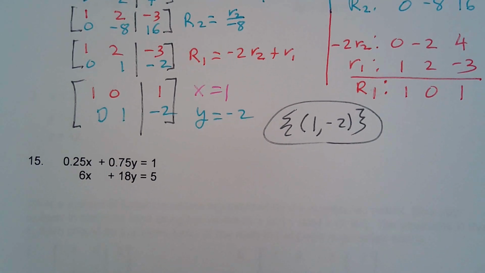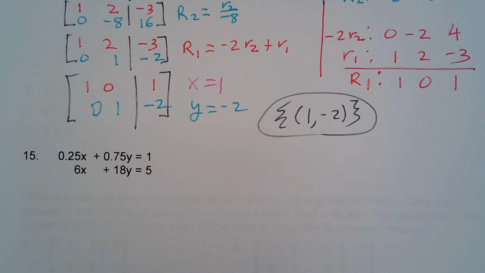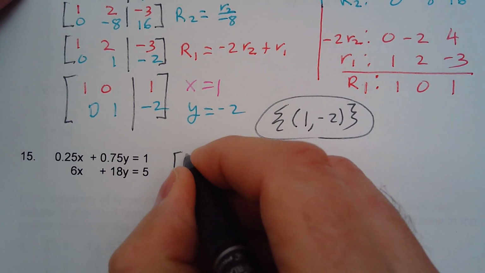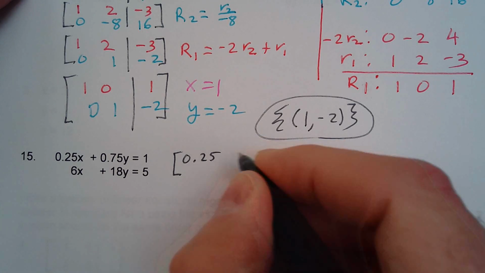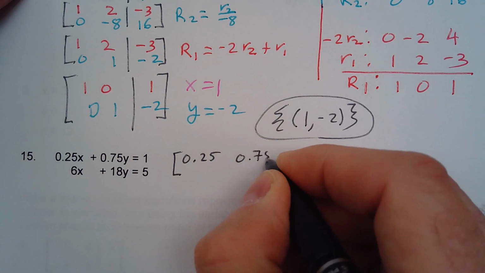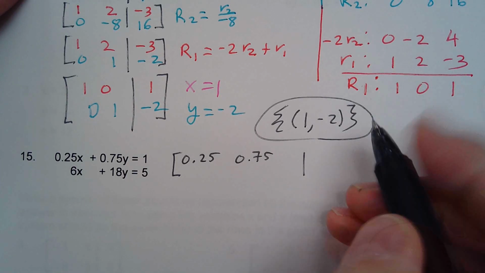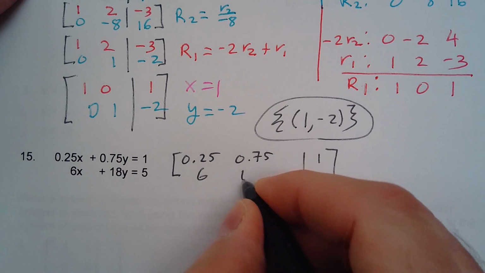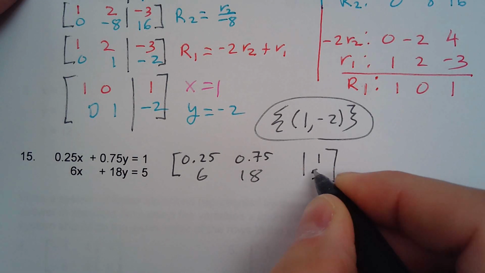So let's try this next one. They're in standard form, so let's go ahead and write down our matrix: 0.25, 0.75, 1, and 6, 18, 5.